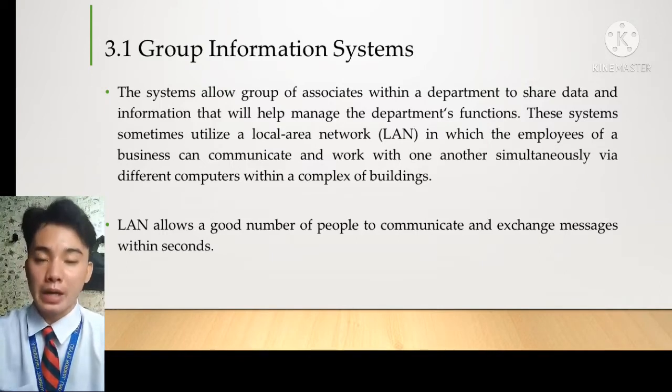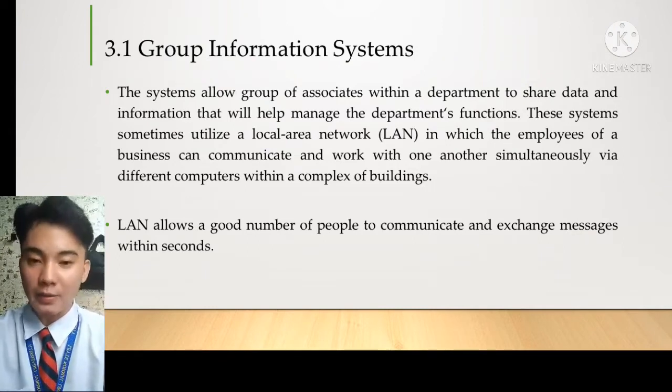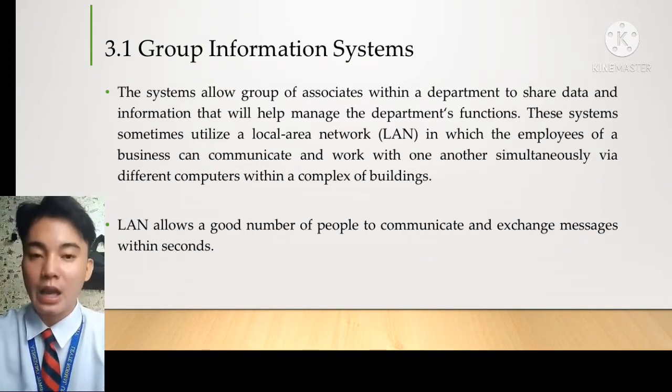If you want to create your own local area network, you'll need a category 5 cable, the main component used for creating Ethernet or a local area network.